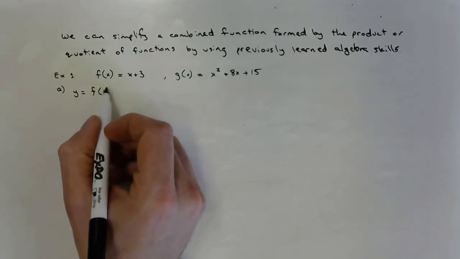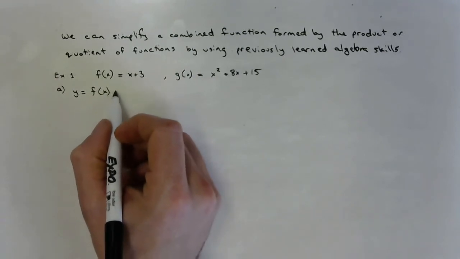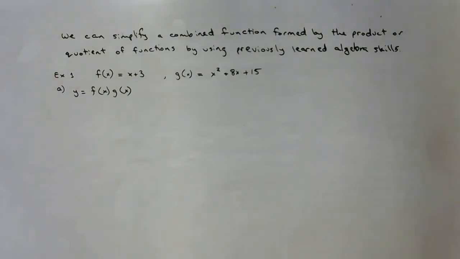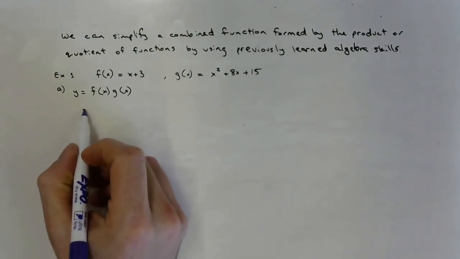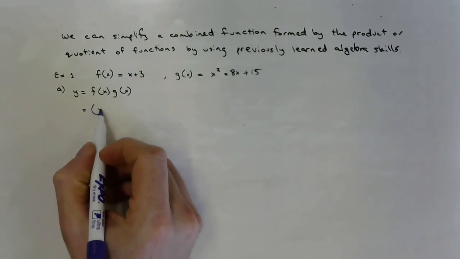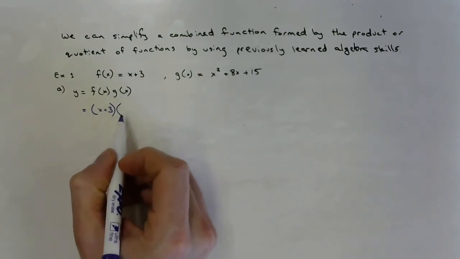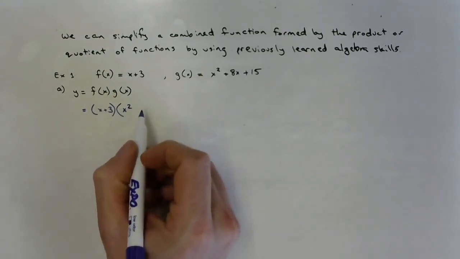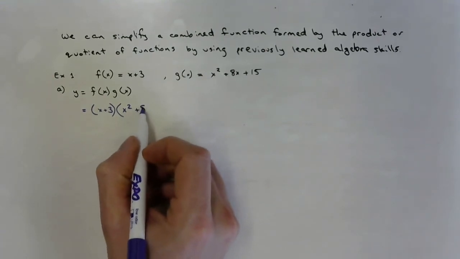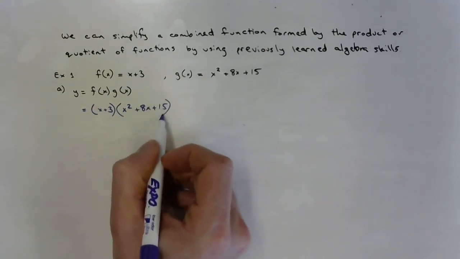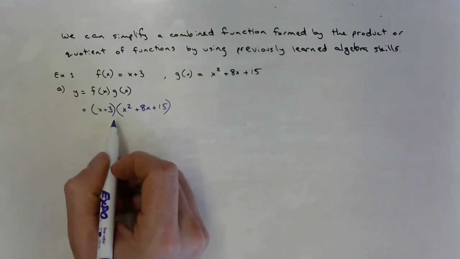So we're going to create y equals f of x times g of x. And you'd set that up pretty much how you would think to. You just bracket f of x, which is the binomial x plus 3, and then bracket the x squared plus 8x plus 15, and we know there's multiplication implied between them.